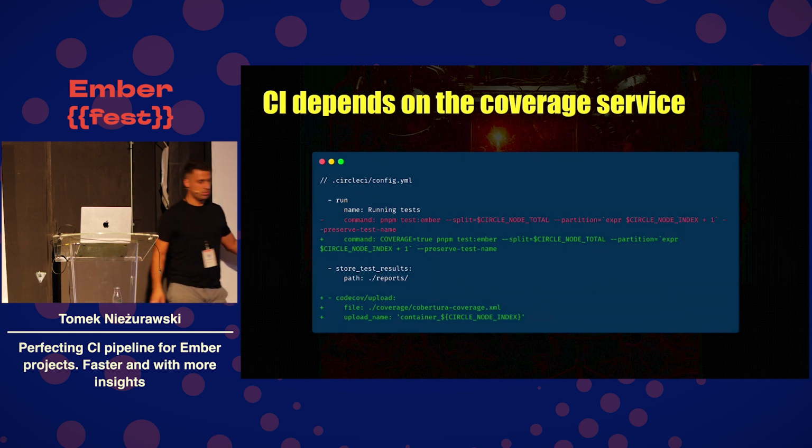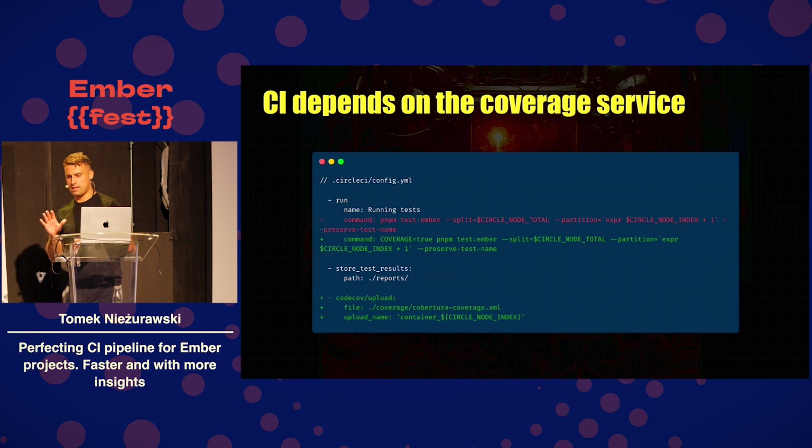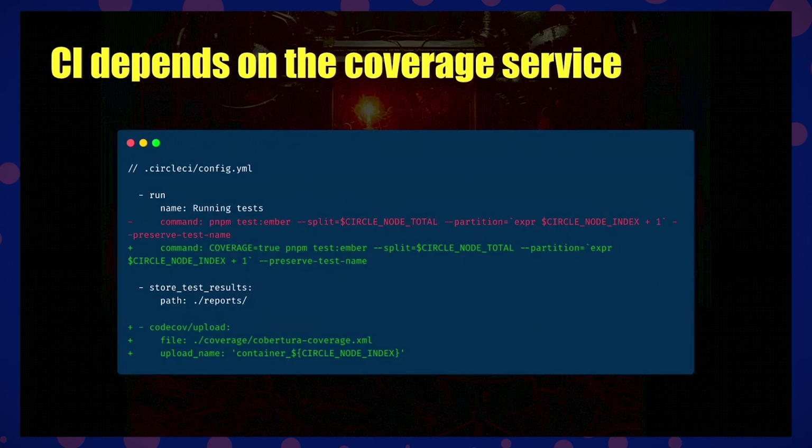By the way, Istanbul is generating HTML, like a little page that you can examine all your tests and see what is the coverage. So you can maybe also put that test coverage on S3 or something like that. I like to use a different service for that because it's going to give us historical data.